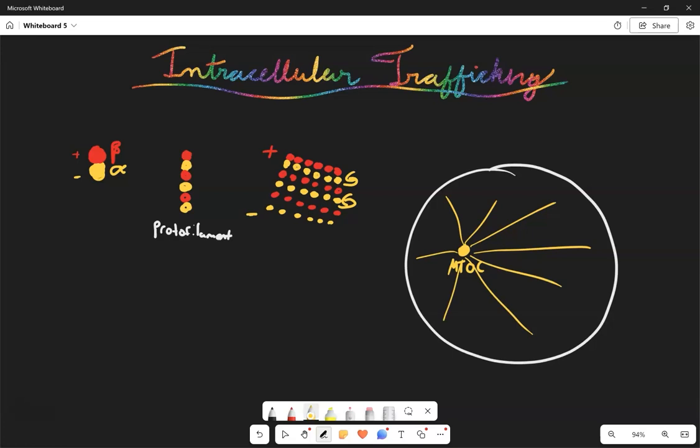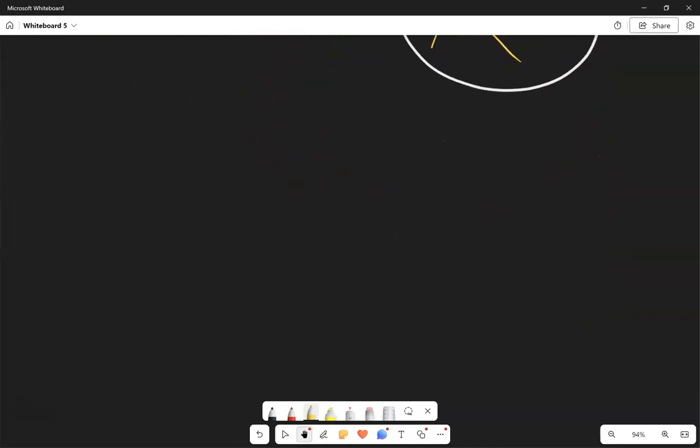And this provides the highways or the roadways that this cargo or this stuff is going to sort of move on. So if we look and we just say, let's say we have our microtubule and we have our dimers, and I'm just going to draw two here, but imagine this is the rod shape we talked about.